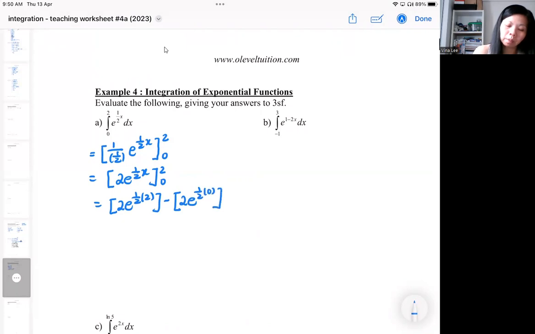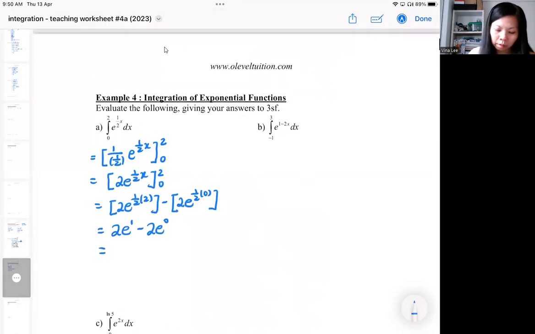Do it carefully. Then you can punch the calculator, and you leave it in 3SF.